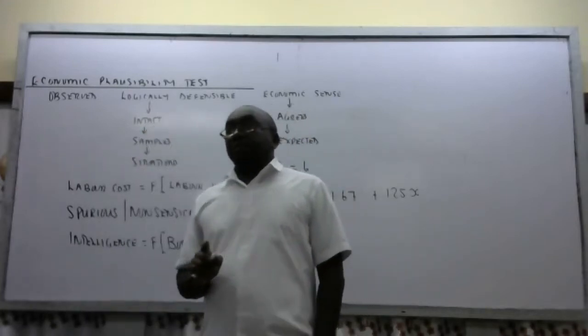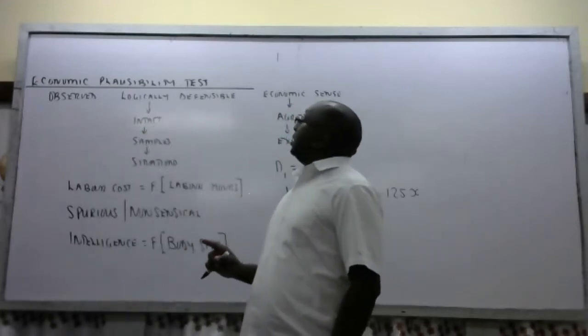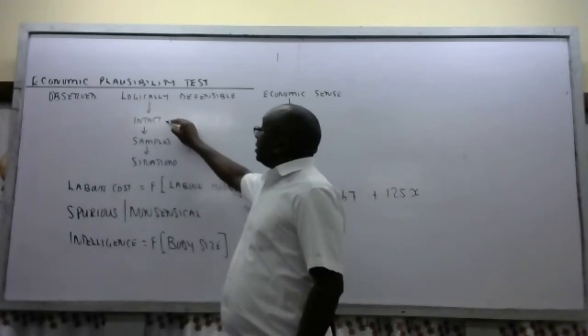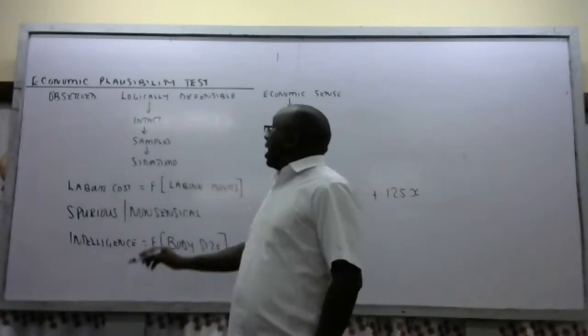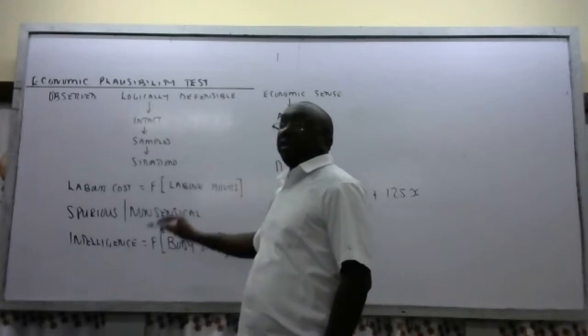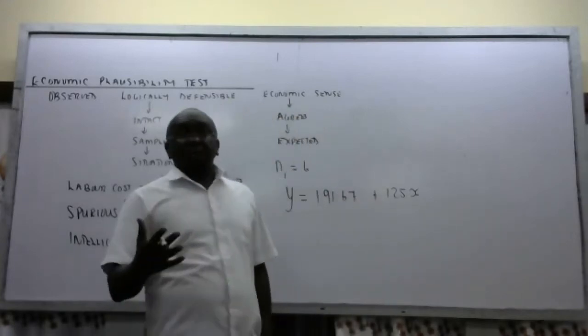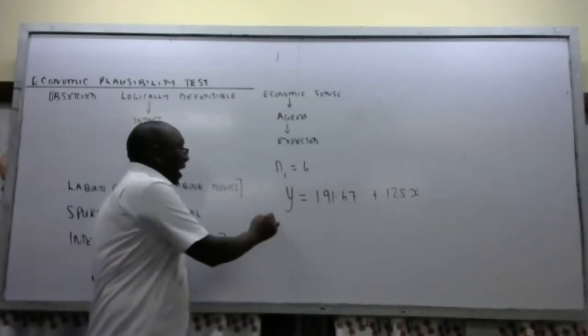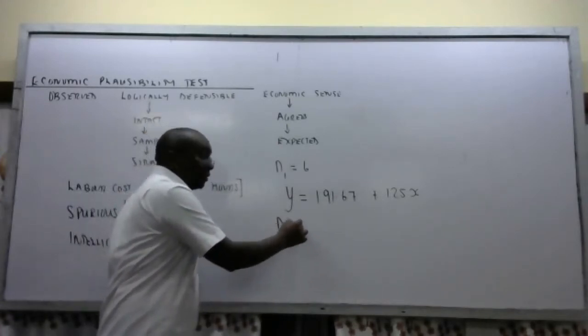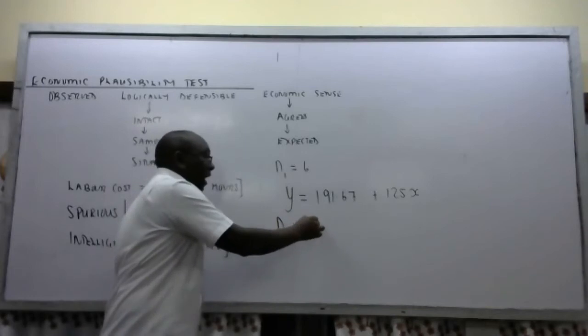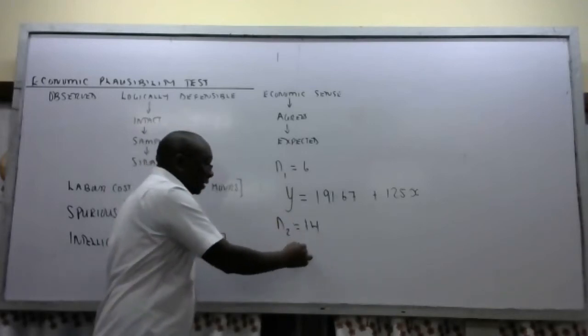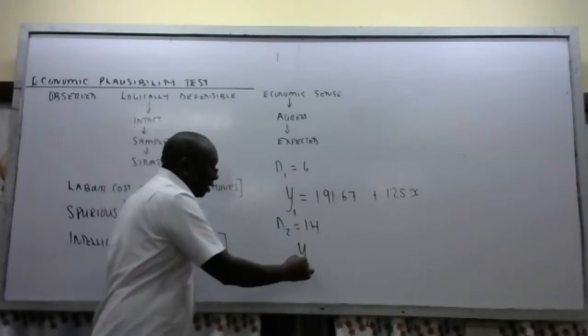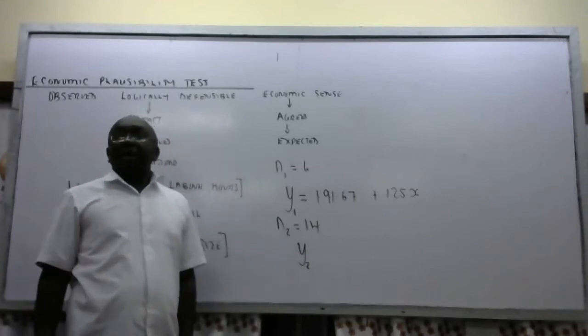By defensibility, we mean that the relationship remains intact even as you change the samples or you change situations. Specifically, if we were to go back to the same company and gather another sample, sample 2, maybe with 14 items, then we run the equation. Maybe this one we call Y1 and this one Y2.